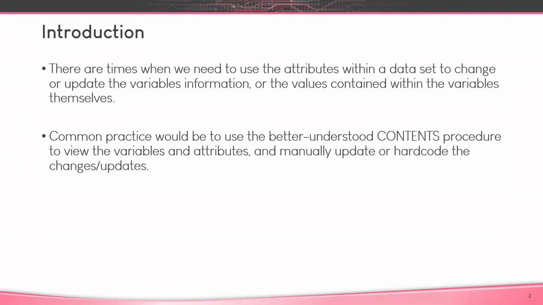That was my go-to to get the information I needed to make updates to the data sets. Or I would do a manual update. But there has to be a better way. So I started doing some investigation, and this is where I came across the V functions. This was years ago, but it gave a more tangible solution that got rid of a lot of the manual work I was having to do.